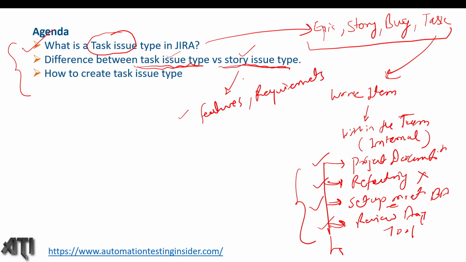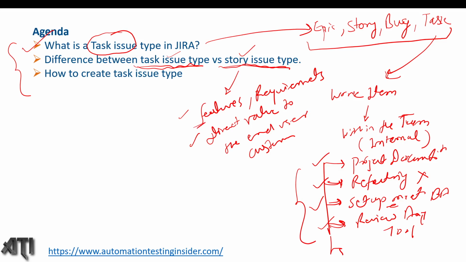A user story, or story, represents a feature or requirement from the end user perspective, and it adds direct value to the end user or customer. Inside a user story, we used to get business requirements where all the requirements will be listed down.